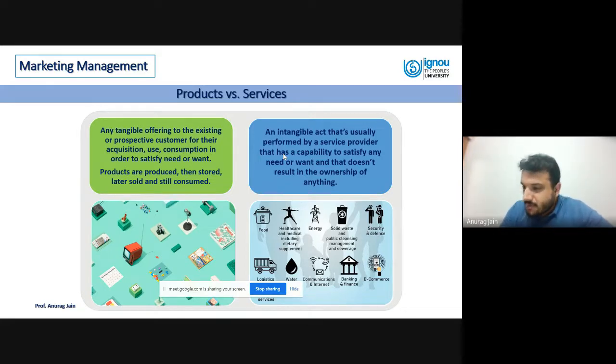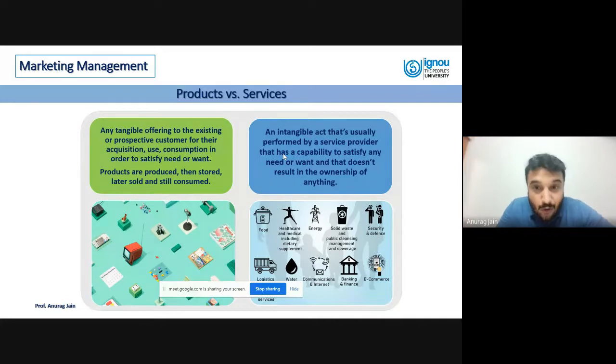Because at a certain point in time you have to use that service, and in major cases services are produced simultaneously and you have to consume them simultaneously. For example, if you are going to consult a doctor, whatever consultation he or she is providing, you have to consume it immediately, meaning you have to pay attention to it.